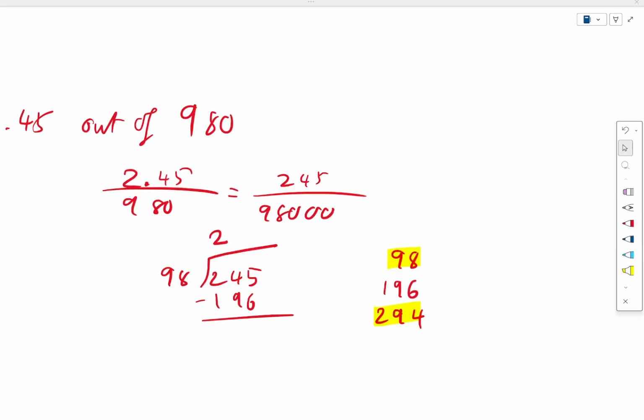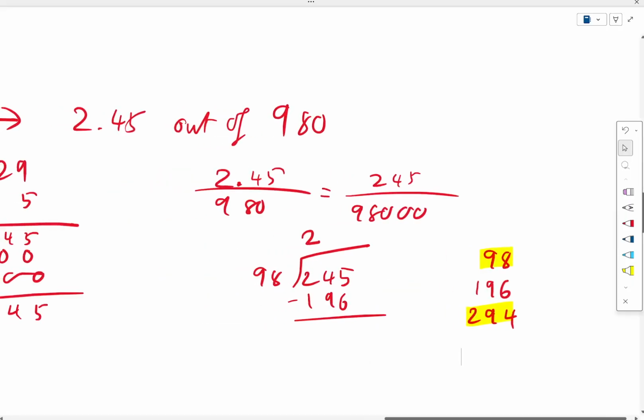Oh, 25. So what does that mean? If you go back to the question, you want this as a percentage. 2.5%. This is incorrect. So when you did this division, it's going to be 25 over 98. Supposed to be 2.5, right?